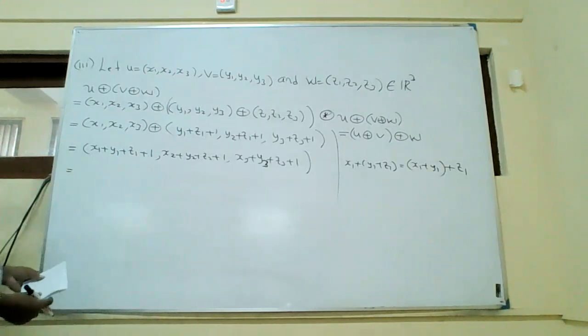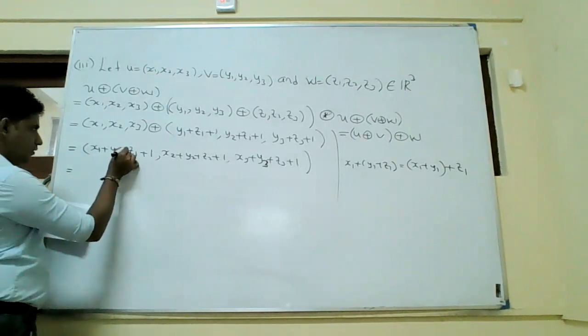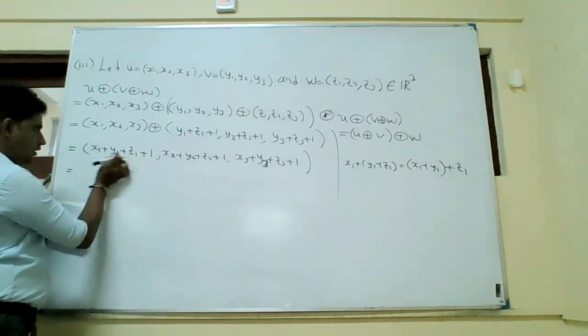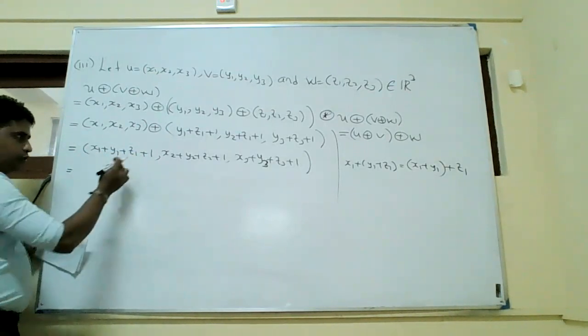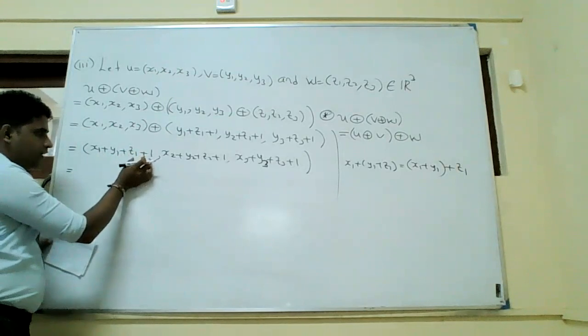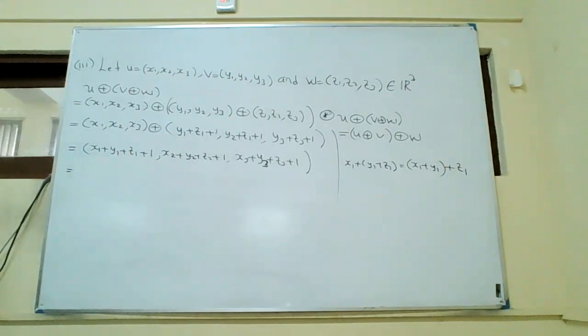Here you can assume that there are three elements like this. You can add this one element, this another element, this one another element. You assume that z1 plus one is one of the elements.